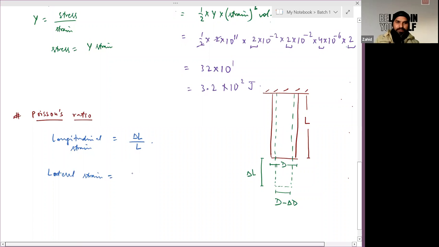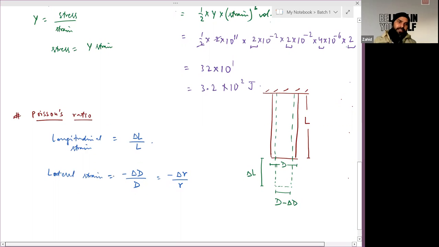So lateral strain will be equal to change in diameter divided by diameter, or we can write it as change in radius divided by its initial radius. Since width or radius is decreasing, the final radius and final diameter will be smaller as compared to the initial. So there will be a negative sign at this point.